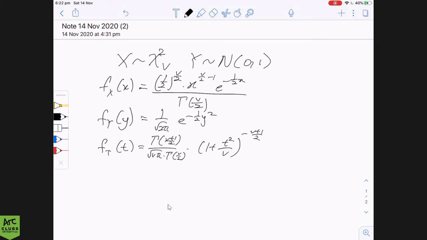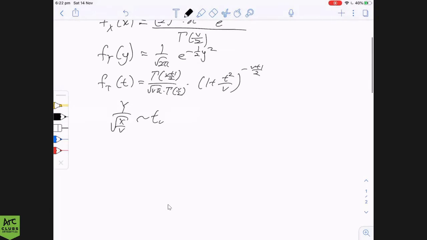Now, we want to show that Y over square root of X over v is actually t distributed with v degrees of freedom.